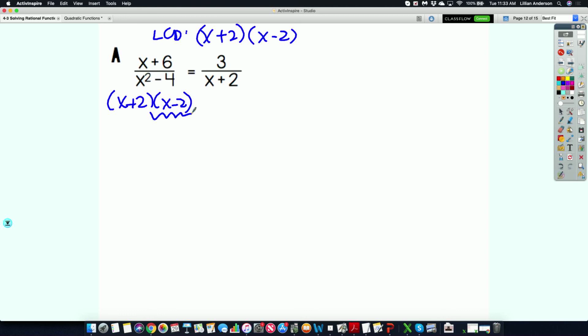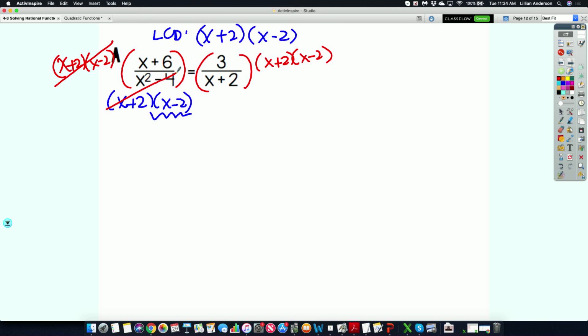So yes, you will want to multiply basically both sides by your lowest common denominator just like before. So here, when I multiply the left side by x plus 2, x minus 2, and then this one by x plus 2, x minus 2, on the left, both of these would cancel out because that's what the denominator factored down to be.